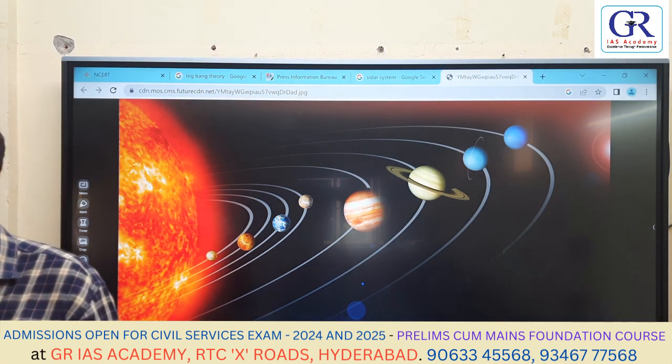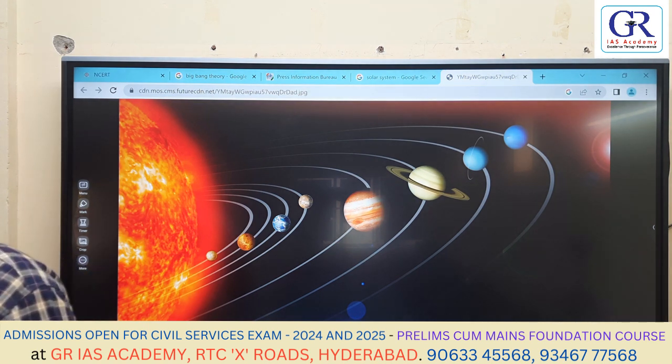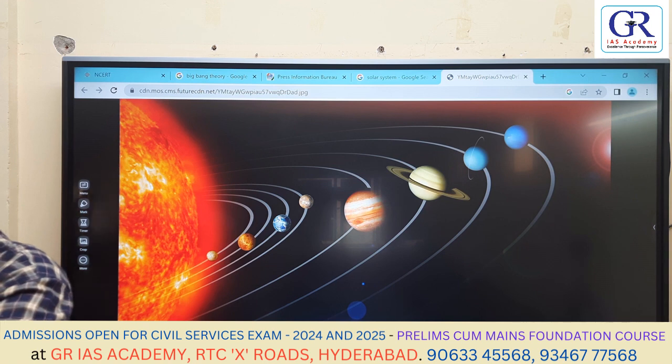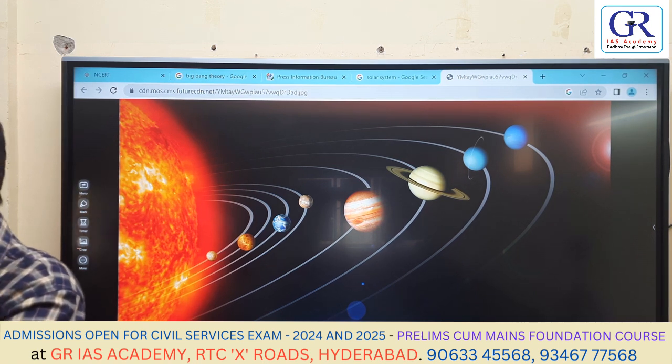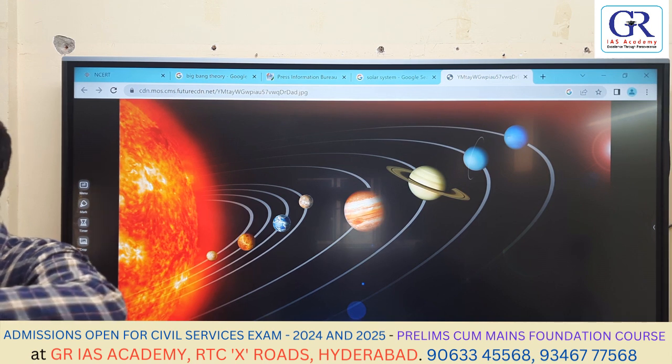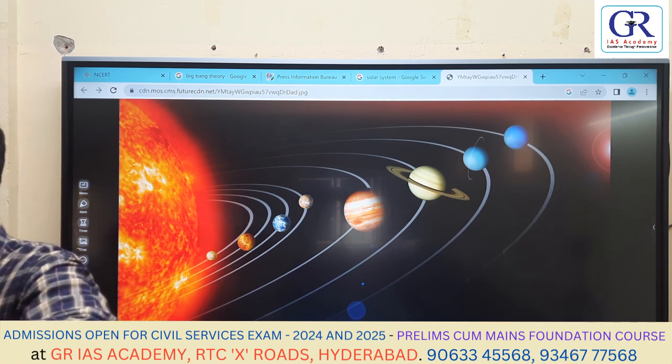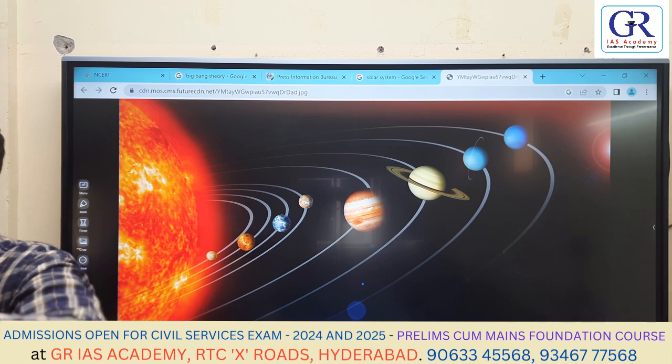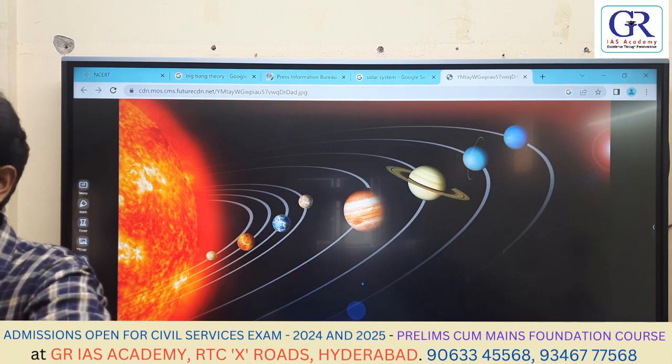Do you accept this? So now, Venus has a thick atmosphere, which means reflectivity is more. When the thickness is more, reflectivity is more. When there is thinness, reflectivity is less. So Venus has a thick atmosphere which reflects all the sunlight.